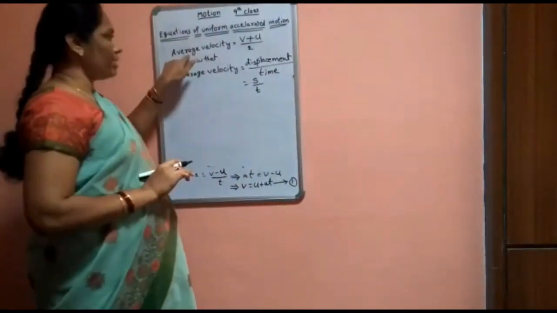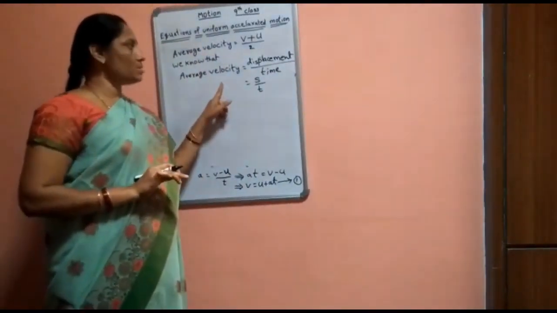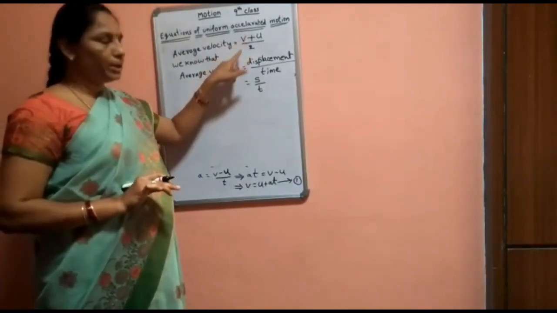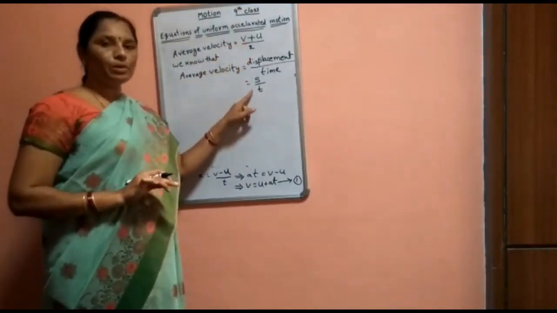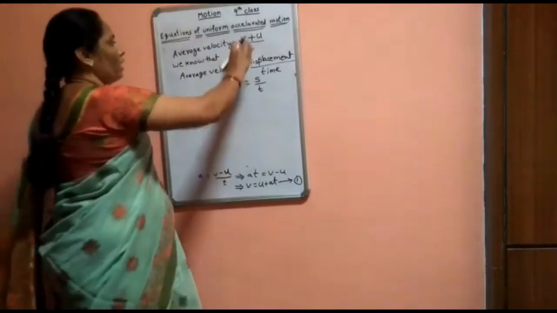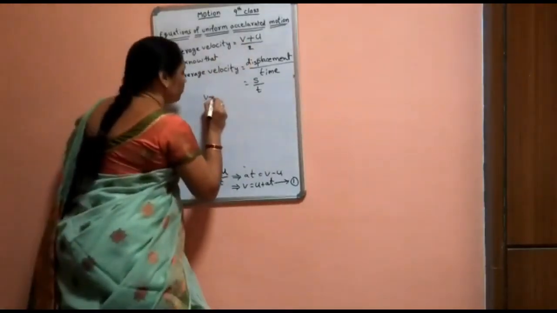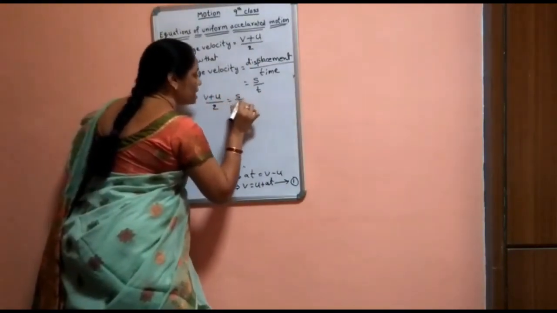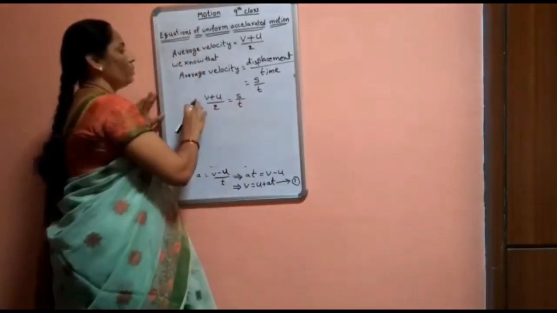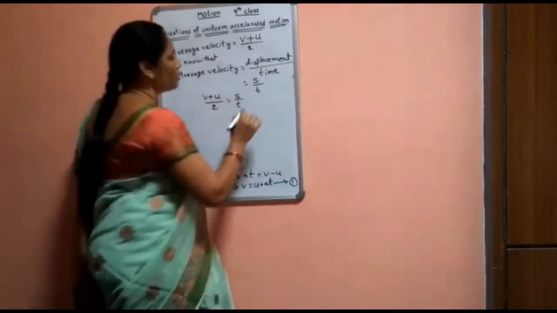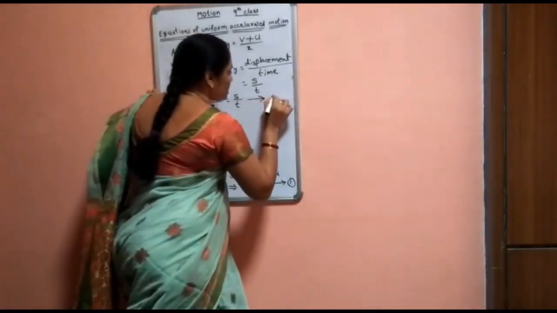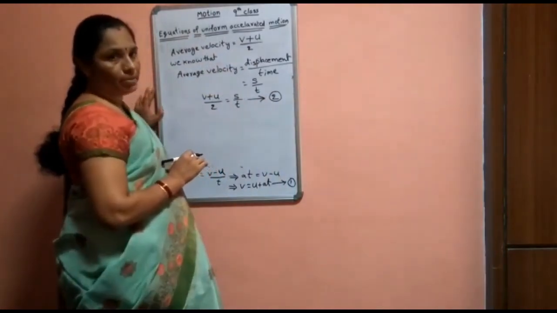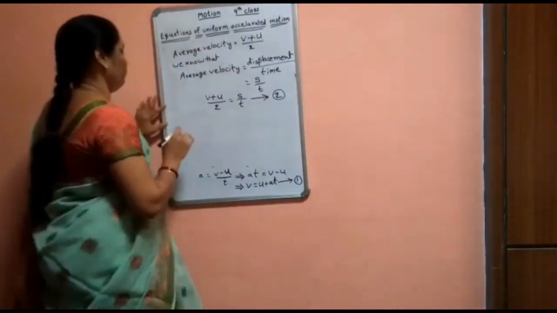So this is average velocity and this is also average velocity. Here average velocity is equal to v plus u by 2, and here average velocity is equal to s by t. So when we equate these two, v plus u by 2 is equal to s by t. Call this equation number 2.